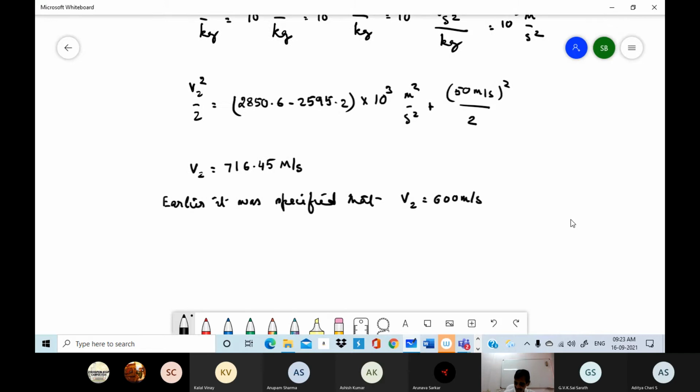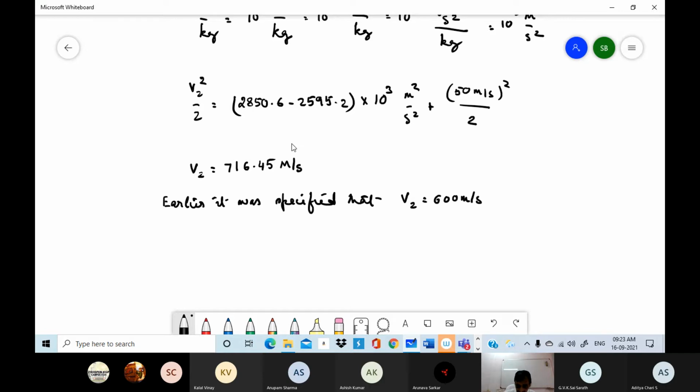So this was the actual velocity which was obtained, and what we have now calculated is assuming that the entire process is reversible.